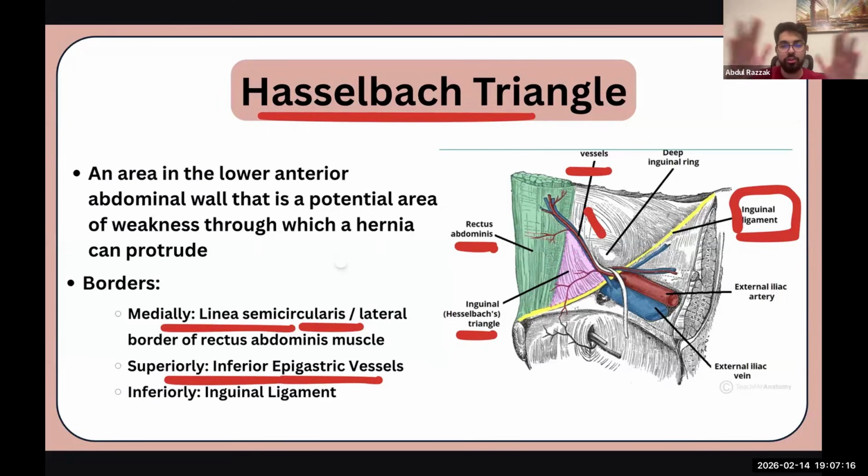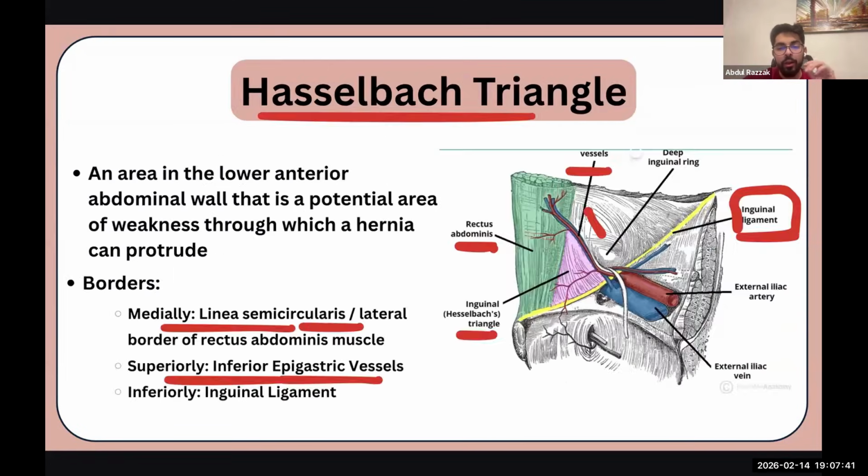A hernia, in general, means an organ is protruding. An organ is located in a cavity and it's protruding into a cavity that it shouldn't be in. For example, in a hiatal hernia, the stomach herniates into the chest instead of being in the abdomen. In case of inguinal hernia, you have basically small intestines protruding into the inguinal area.